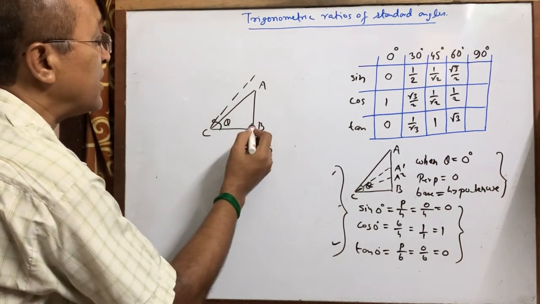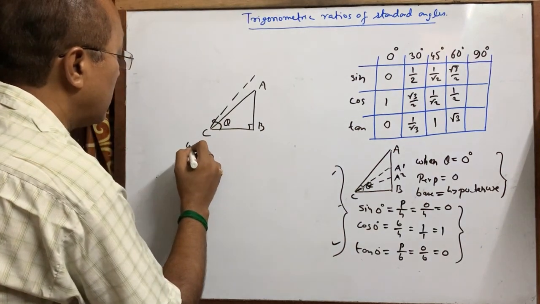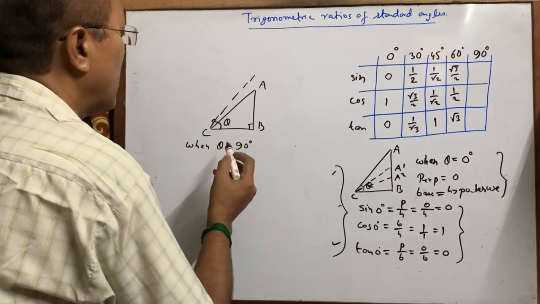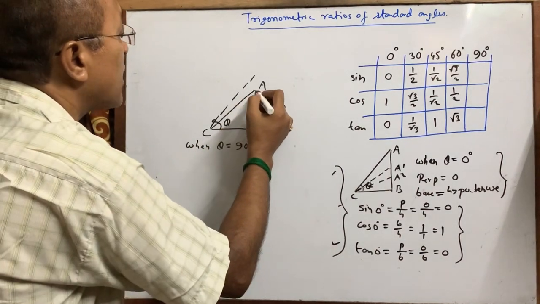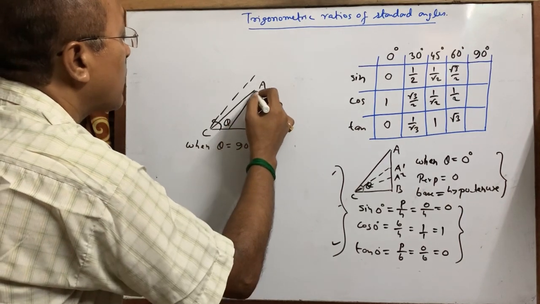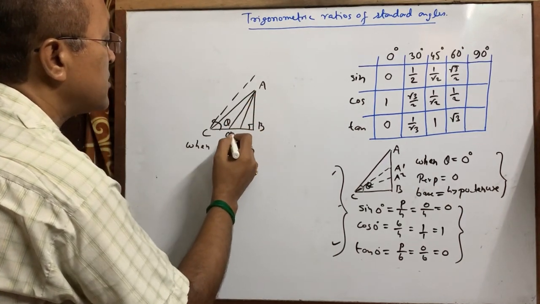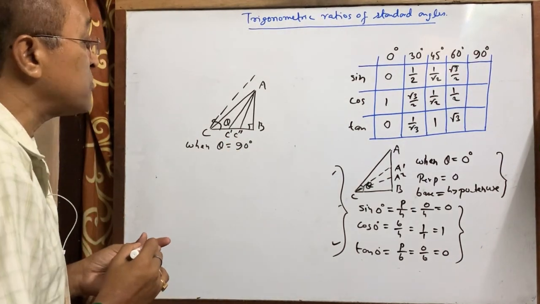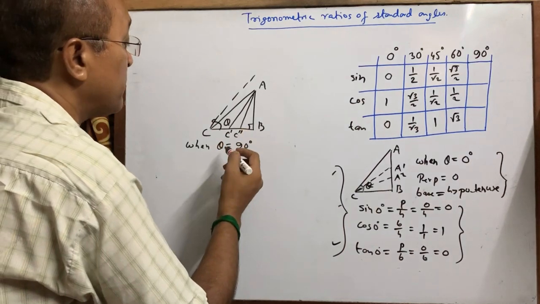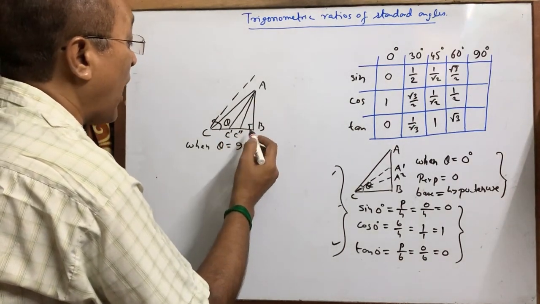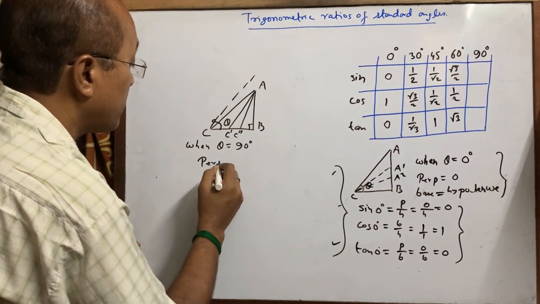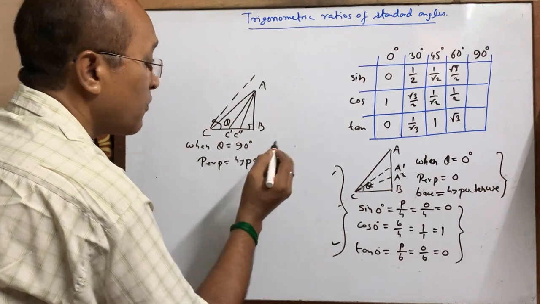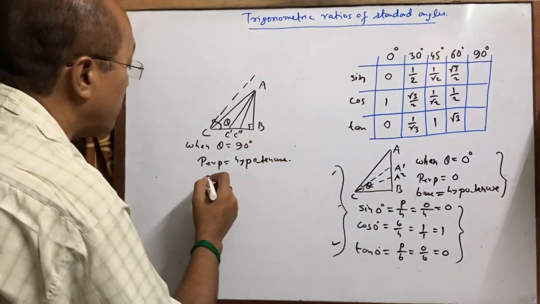When theta becomes 90 degrees, this one is coming closer and closer, C, C dash, C double dash, like this. So a time comes when theta becomes 90 degrees, which means perpendicular and hypotenuse will be the same, and base will be 0, isn't it?